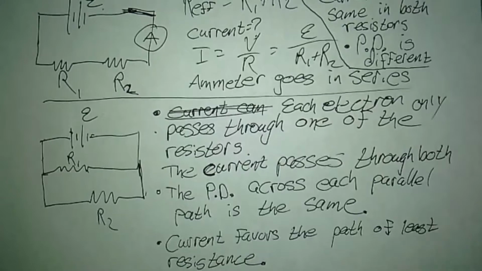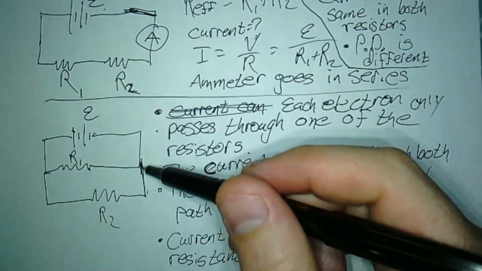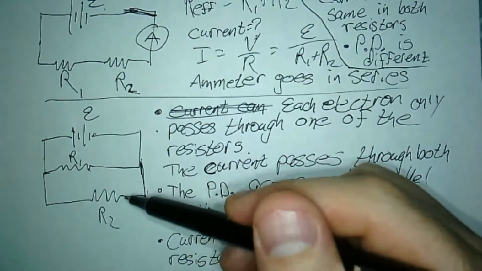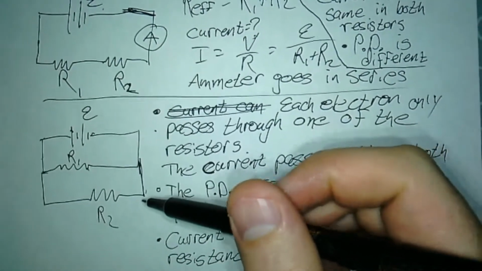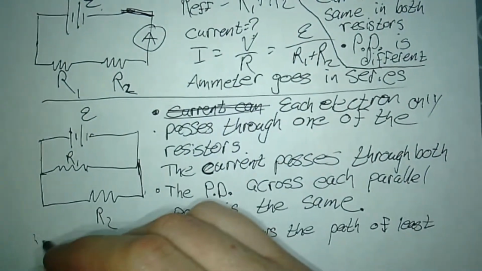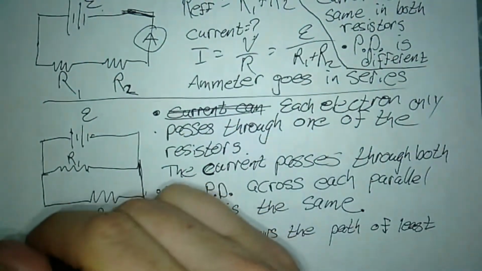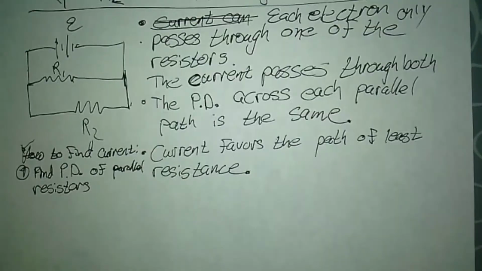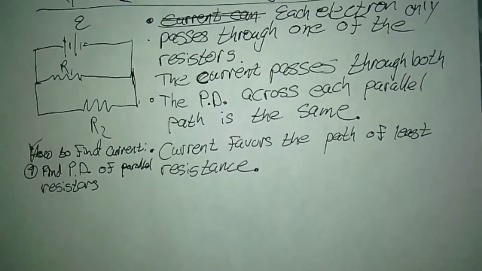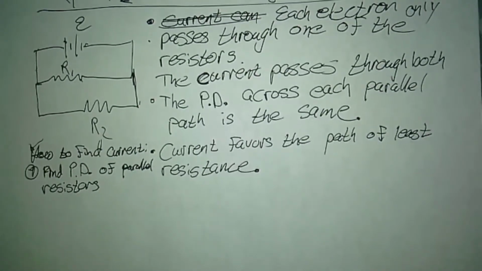So to find the current, since the potential difference is the same in both, the first step would be to find the potential difference. So let's say how to find current. Your first step is going to be find the potential difference of your parallel resistors.